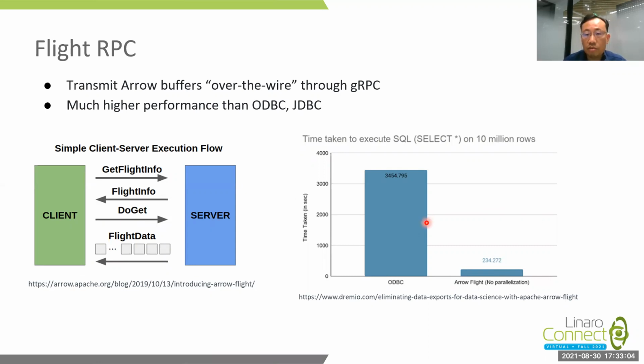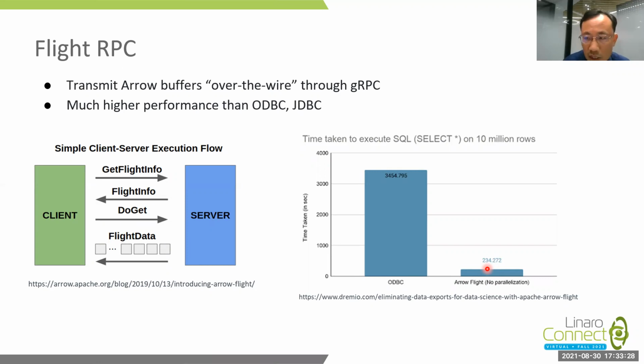It compares the execution time of a data-intensive query across the network through ODBC and through Arrow Flight. You can see lower is better, so the time is much lower for Arrow Flight to execute the same queries. Basically, this means Arrow Flight has much higher performance than traditional ODBC.